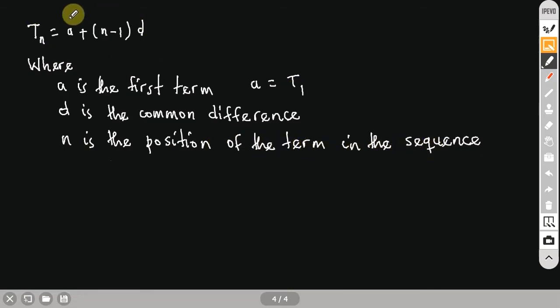So you can use this formula to find a term in the sequence or the general term of an arithmetic sequence. Okay, let's do two examples so that you can understand how to use this formula.